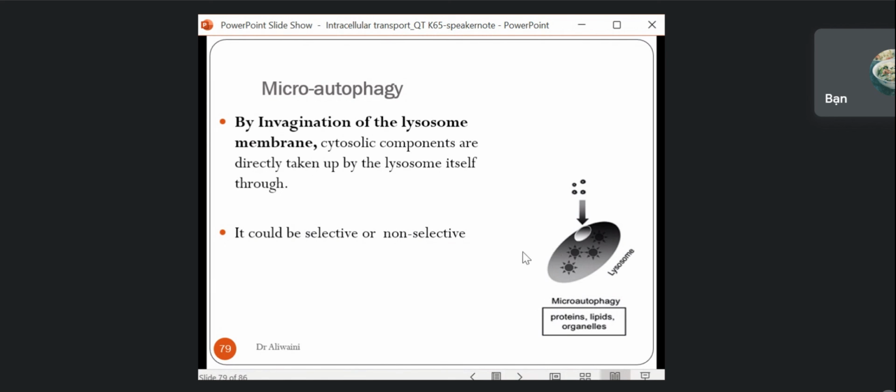So in this type of autophagy, the membrane of the lysosome develops and binds the molecule or other component in the cytosol and puts it into the lysosome to be digested. The component can be protein, lipid, or the organelle themselves, and can be digested directly by the lysosome.